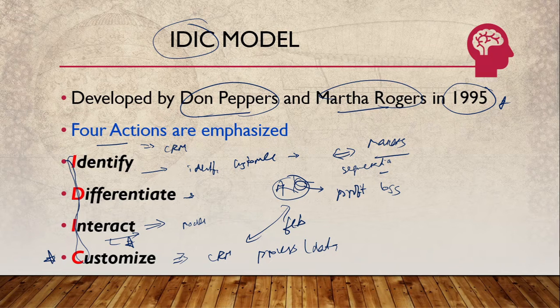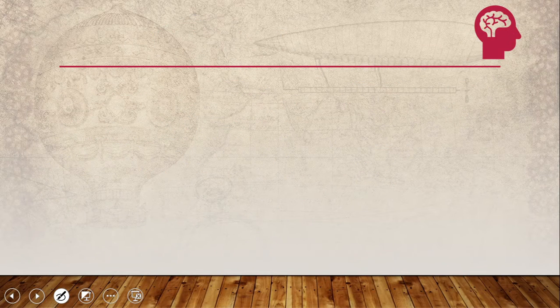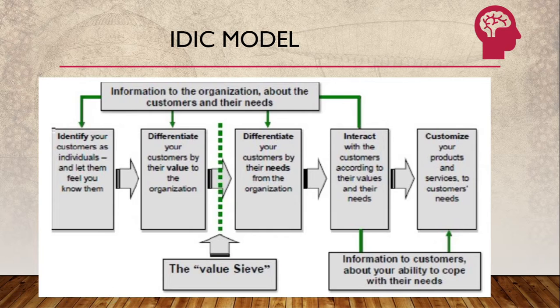So this is a very simple model, which is IDIC. This is a kind of flowchart of what the IDIC model discusses. First is identify: identify your customers as individuals and let them feel you know them.